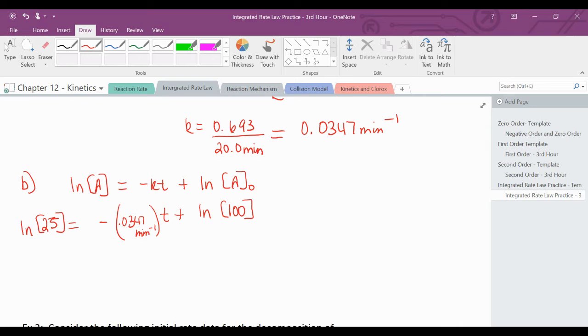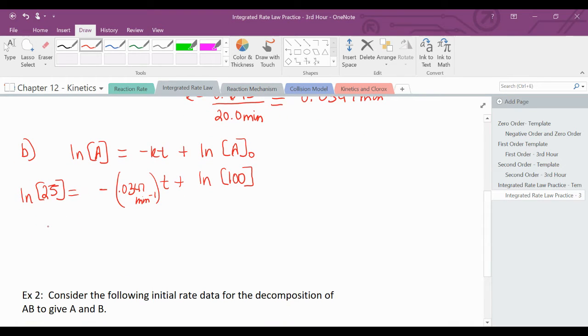All right, so in your calculator, you would take the natural log of 25, subtract the natural log of 100, and then we're going to divide that answer by negative 0.0347.